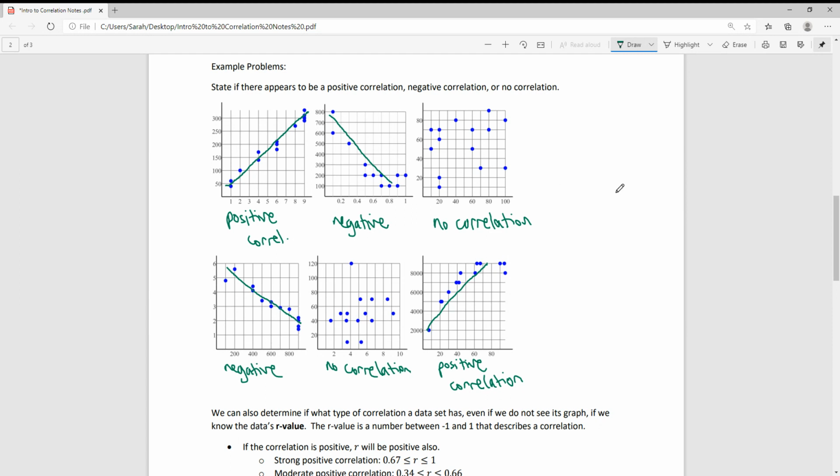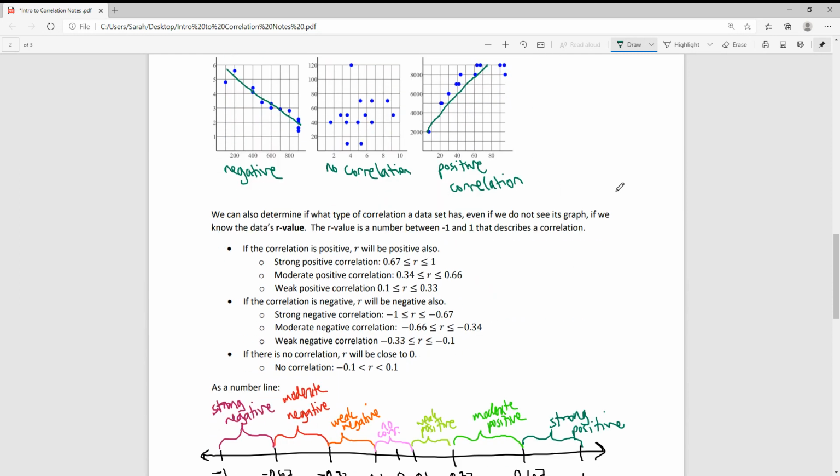Another way we can tell the correlation that a set of data has, without seeing the points or a table of values, is if we know that data's R value. We'll talk about how to find these R values later on, but an R value is just a number between -1 and +1, including -1 and +1, that describes how strong of a correlation we have and if it's positive or negative. If your correlation is positive, then your R value will be positive also.